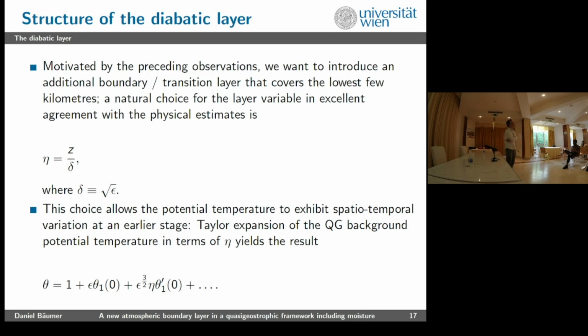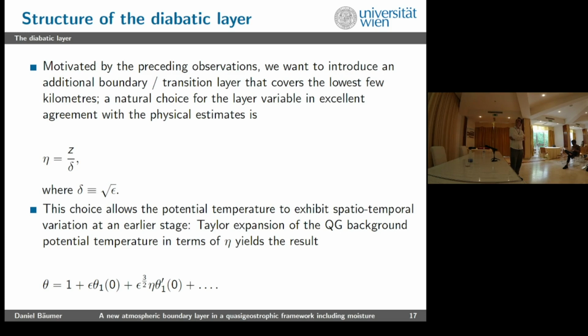Okay, so what's the structure of the diabatic layer going to be? Motivated by those observations and estimates that I just mentioned, we want to introduce an additional boundary, or maybe more appropriately called a transition layer, that covers that area, the lowest few kilometers.